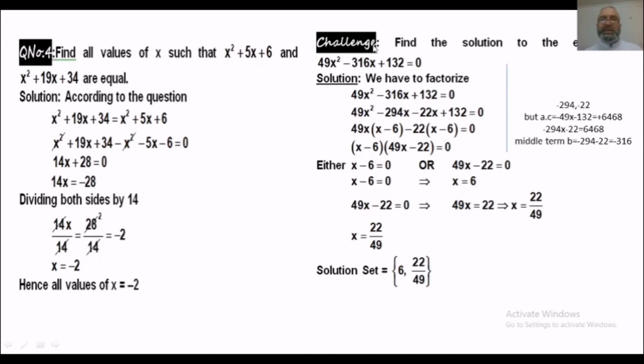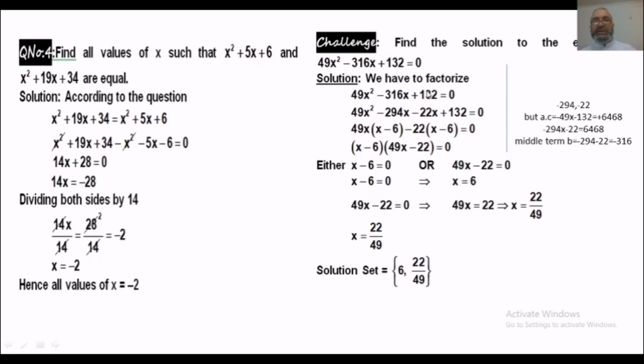Next, challenge equation. Find the solution to the equation 49x squared minus 316x plus 132 is equal to 0. By factorization, it is the easiest. We can solve it by completing the square or by quadratic formula.